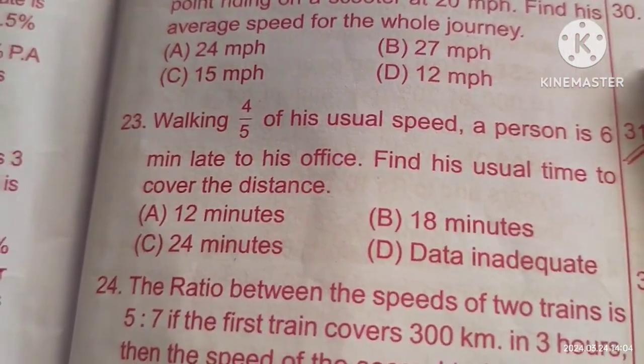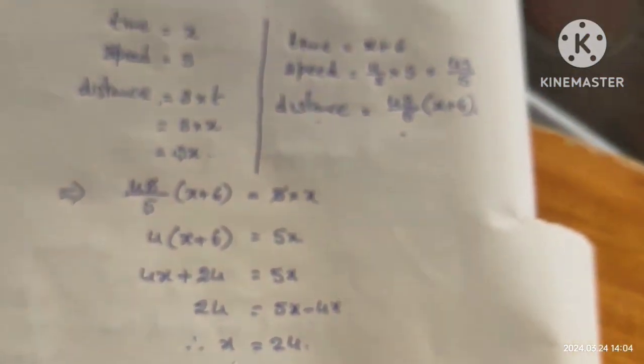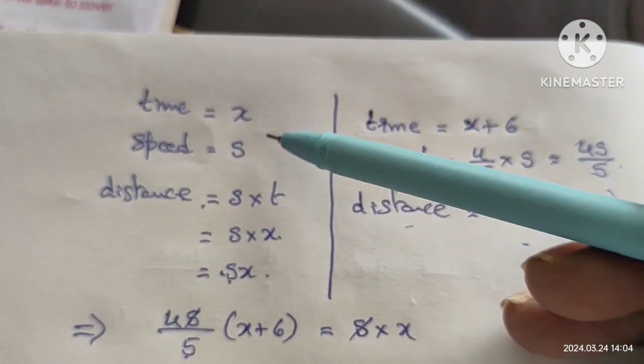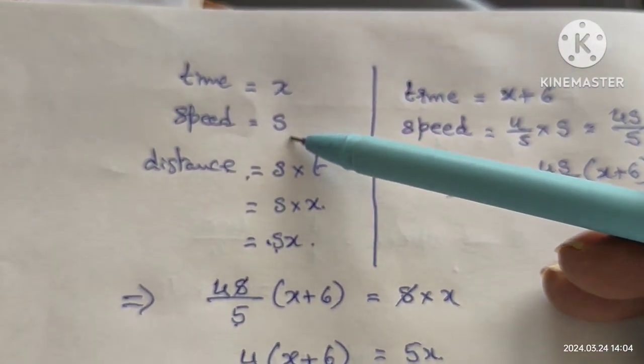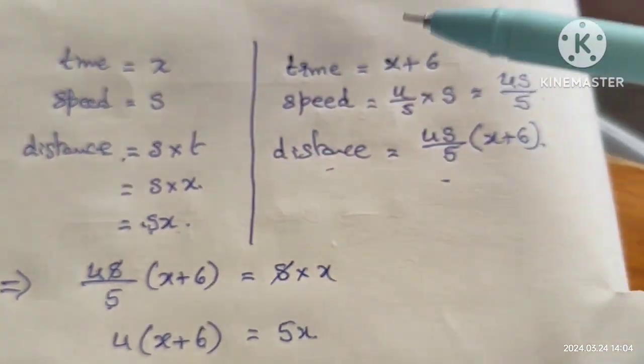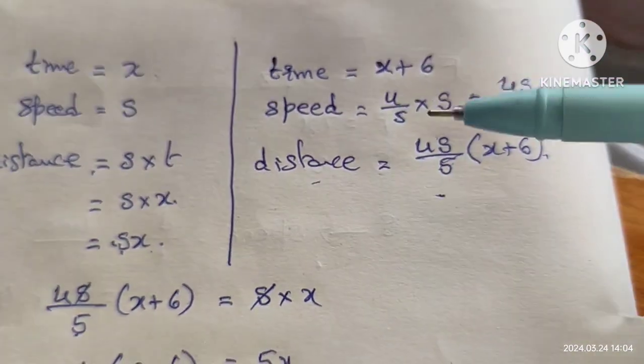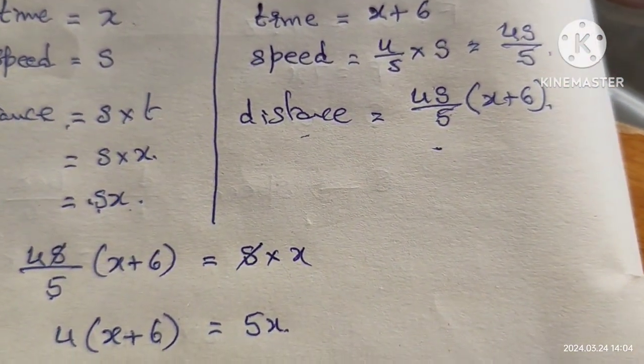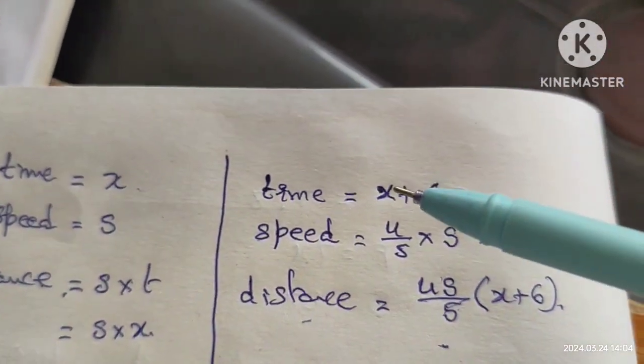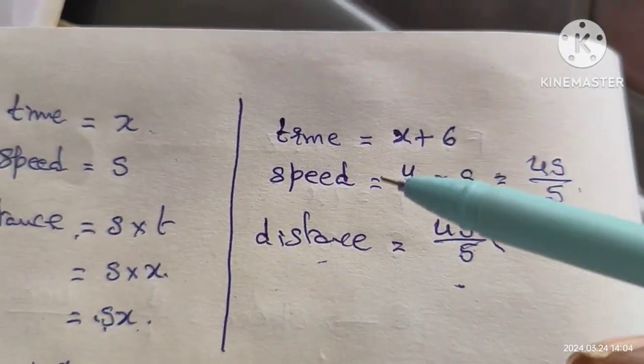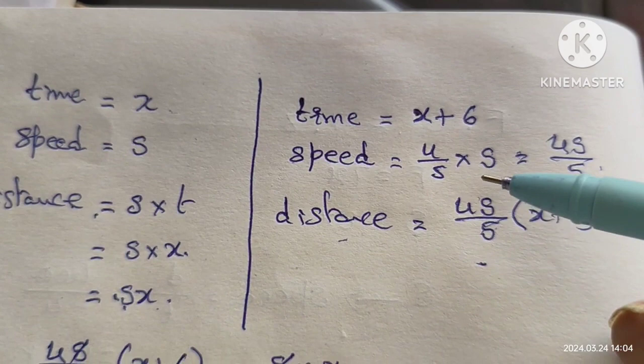Once again, see that I took the actual time as x and the speed as s. I calculated the distance. Next he said 6 minutes late, which means we have to add the 6 minutes. Then the speed is 4 by 5 of the usual speed.